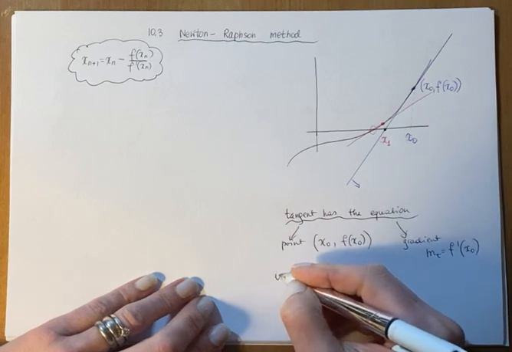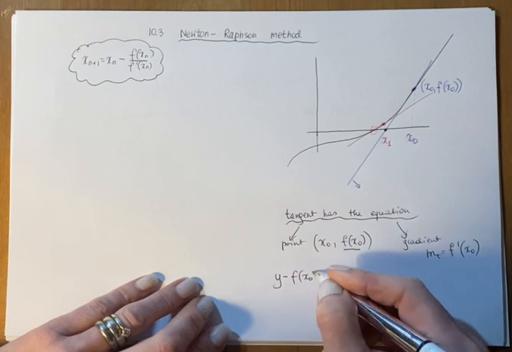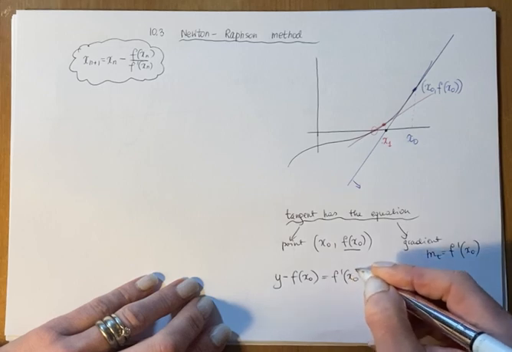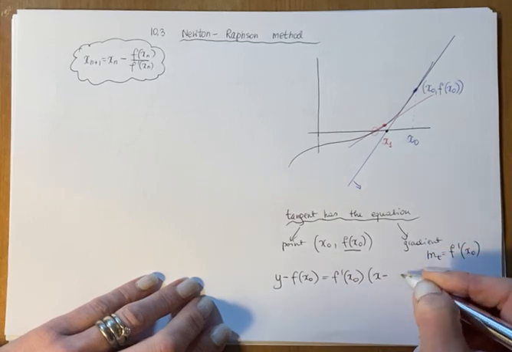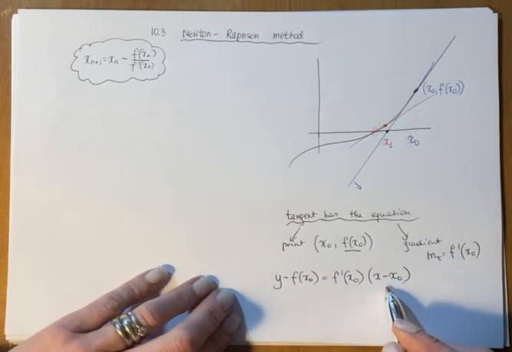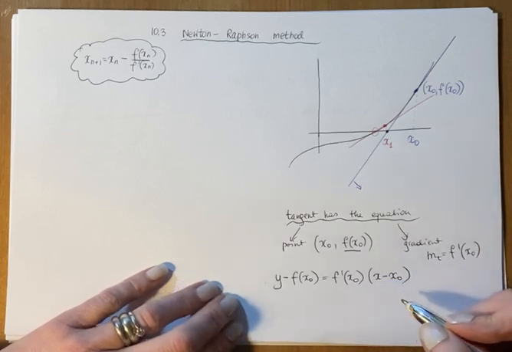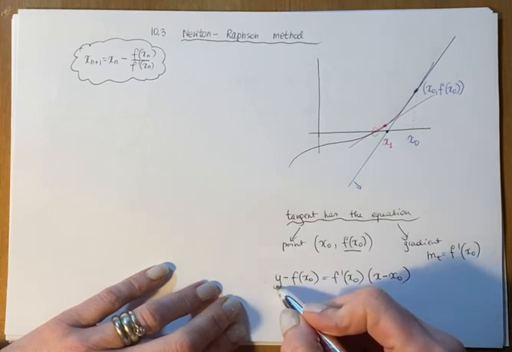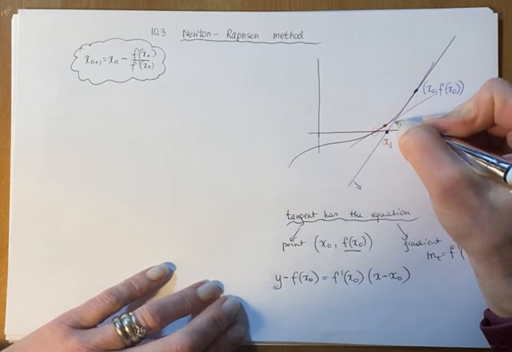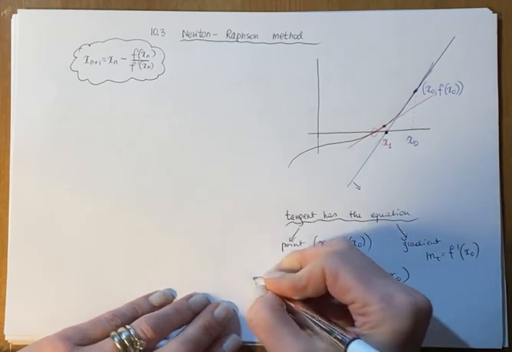Let's put it into the equation. So y minus the y coordinate, which is f of x0, equals m, so f dash of x0, and then x minus the x coordinate. Now the idea is to find the value of x. Now x here is going to be x1 and y is going to be 0, because we are now using that tangent over here, the equation of that blue tangent, to find where it intersects the x-axis.